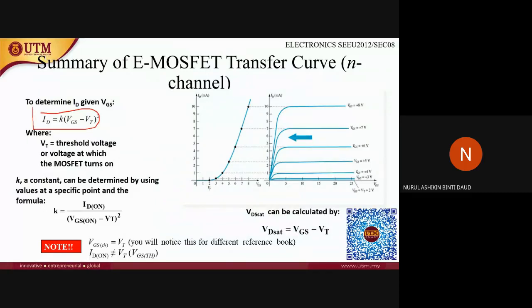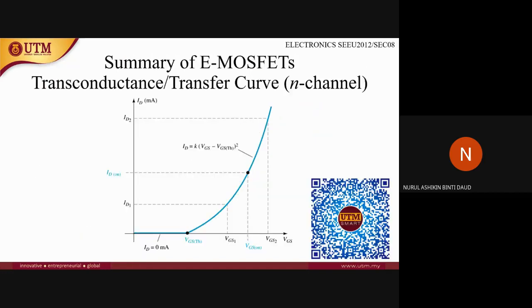All right. And from this equation, you can find K. K can be found through this graph, which is known as transfer curves, or characteristic graph. Okay, and these are the graphs.